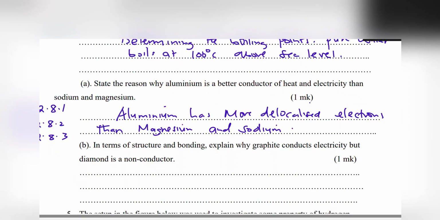B, in terms of structure and bonding, explain why graphite conducts electricity, but diamond is a non-conductor. We know during structure and bonding, graphite uses only 3 of its valence electrons in bond formation.